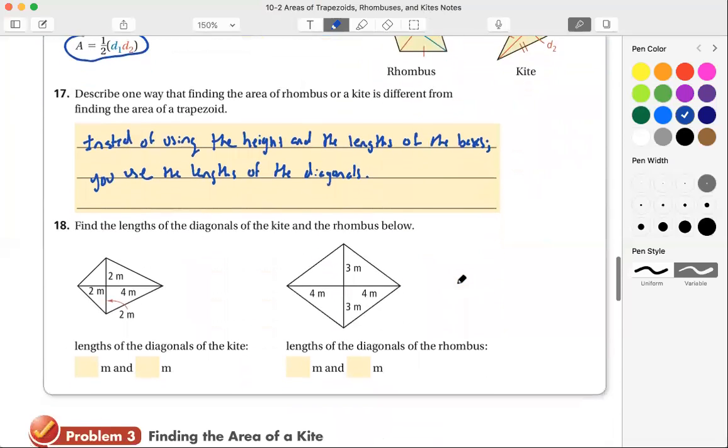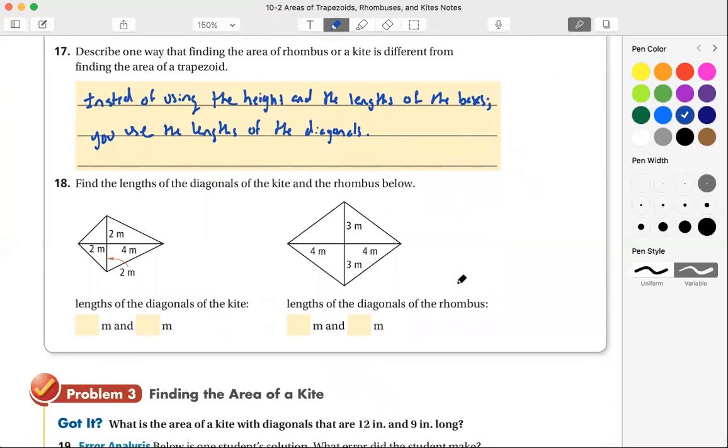Okay, so in number 18, the lengths of the diagonals of the kite are 2 plus 4, which is 6, and 2 plus 2, which is 4. In this one, we get 4 plus 4, which is 8, and 3 plus 3, which is 6.